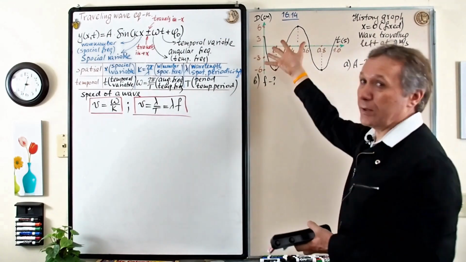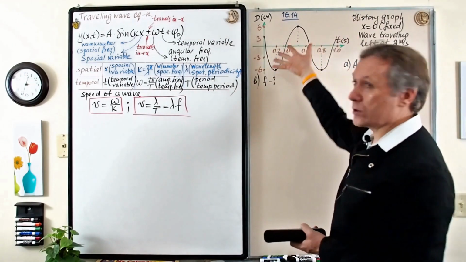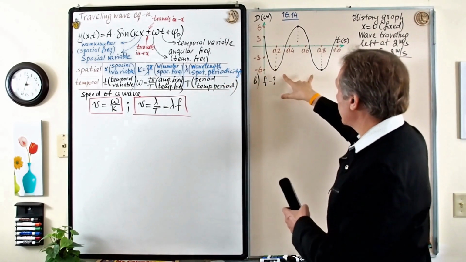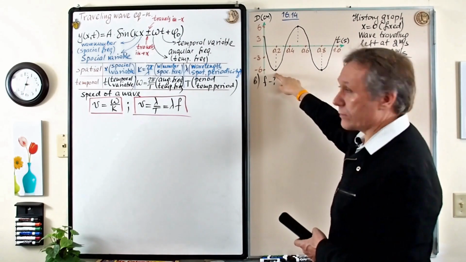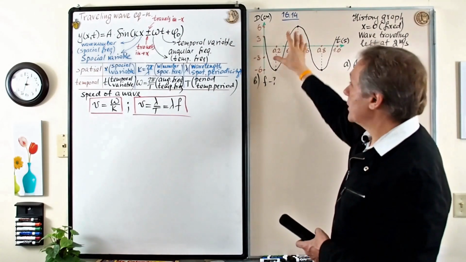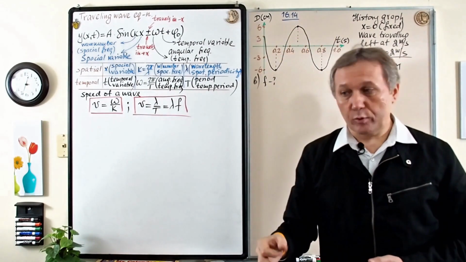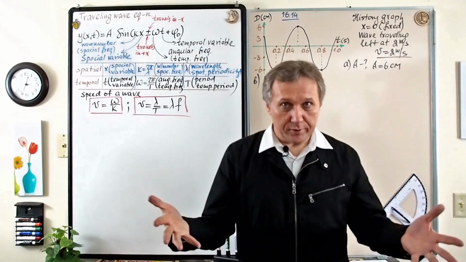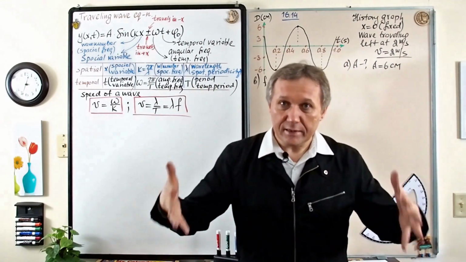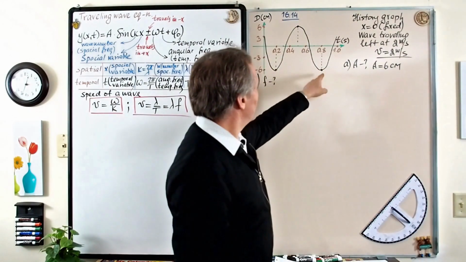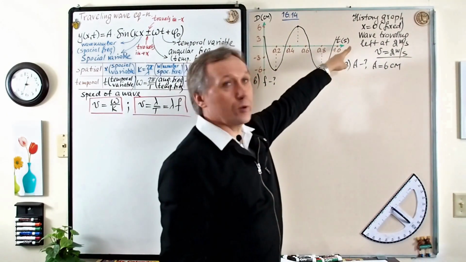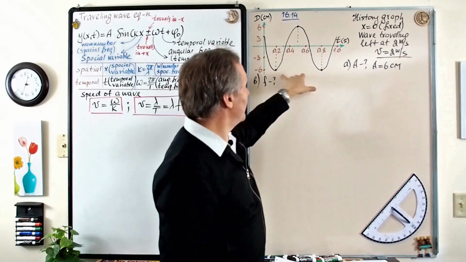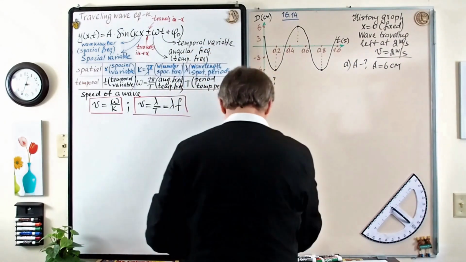How can we find period from a history graph? It's trivial, because the time interval between crests on the history graph is the period. Because again, what is period? Period is temporal periodicity, periodicity of the wave in time, because we have a history graph.